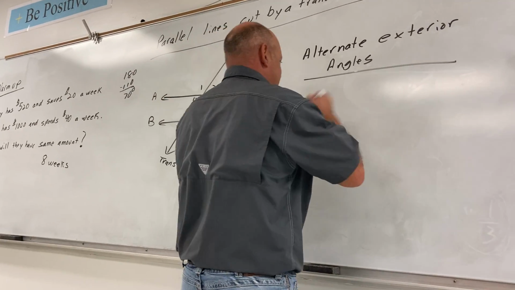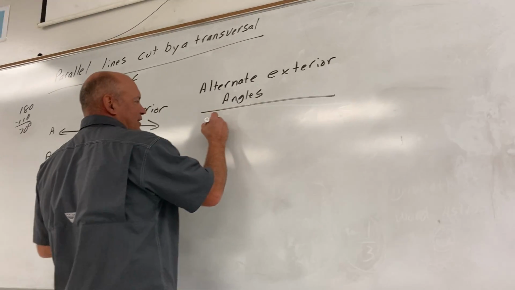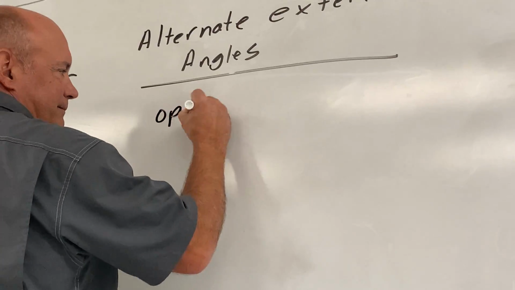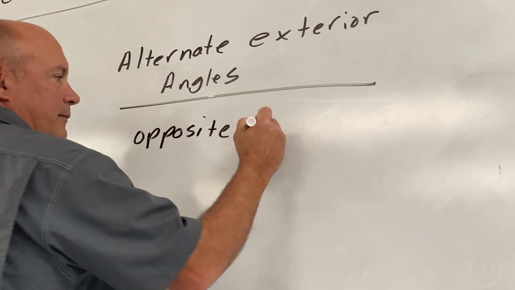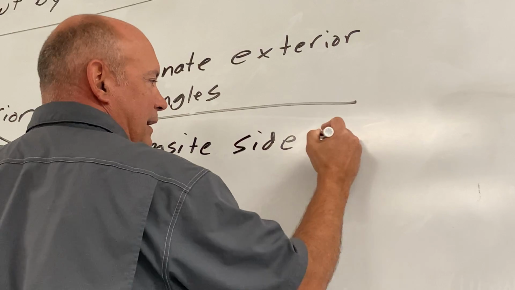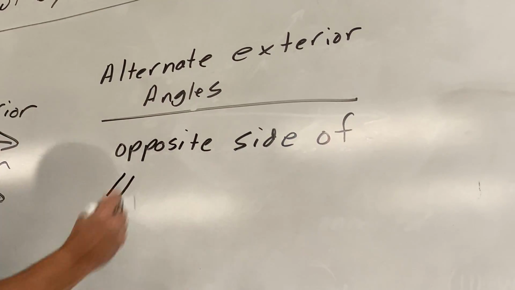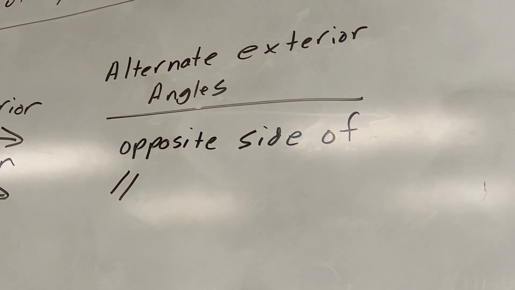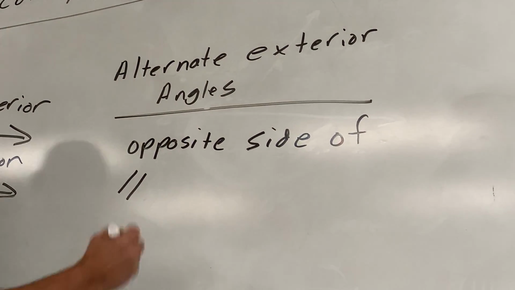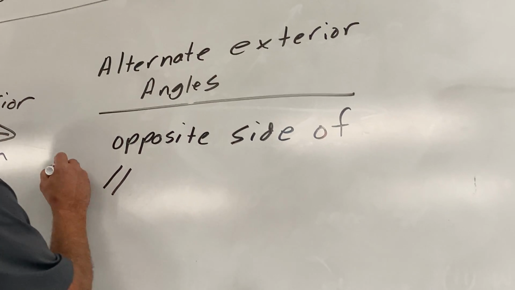So let me give you the definition. It's on the opposite side of the parallel lines. And for parallel lines, I'm going to draw these little 2 slashes. I'm not writing out the words parallel lines every time. Opposite side of the parallel lines.